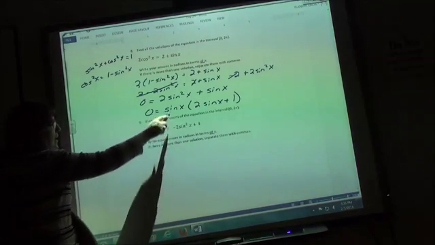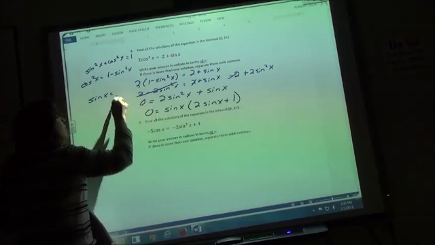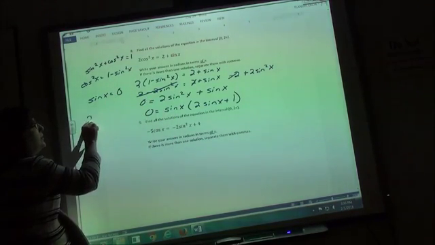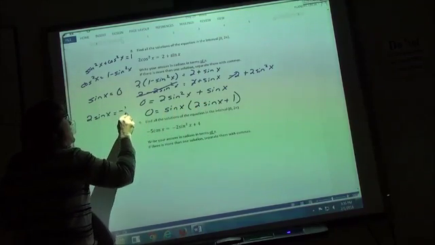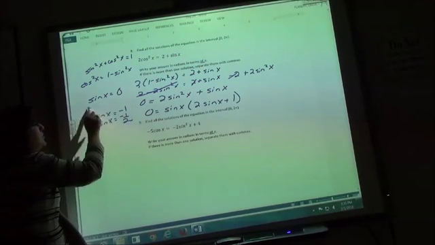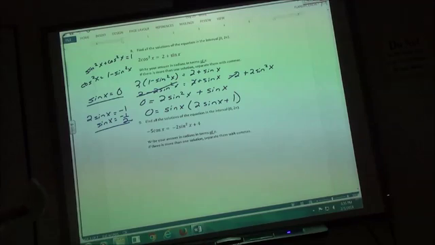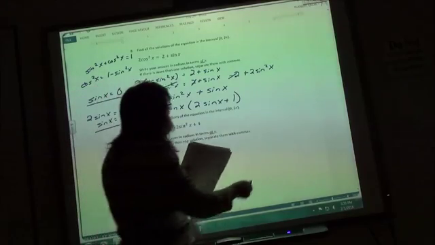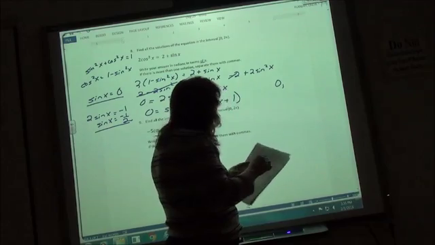So either the sine of x is going to equal 0, or 2 sine of x is going to equal minus 1. So sine of x equals minus 1/2. So sine of x equals 0 or negative 1/2. And then I'm going to look those up on my table. Sine of x equals 0 at 0 and at pi.